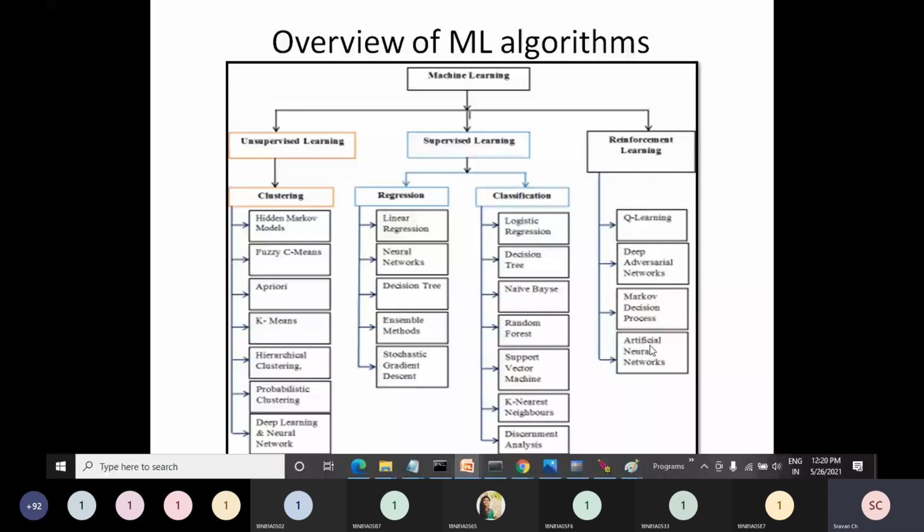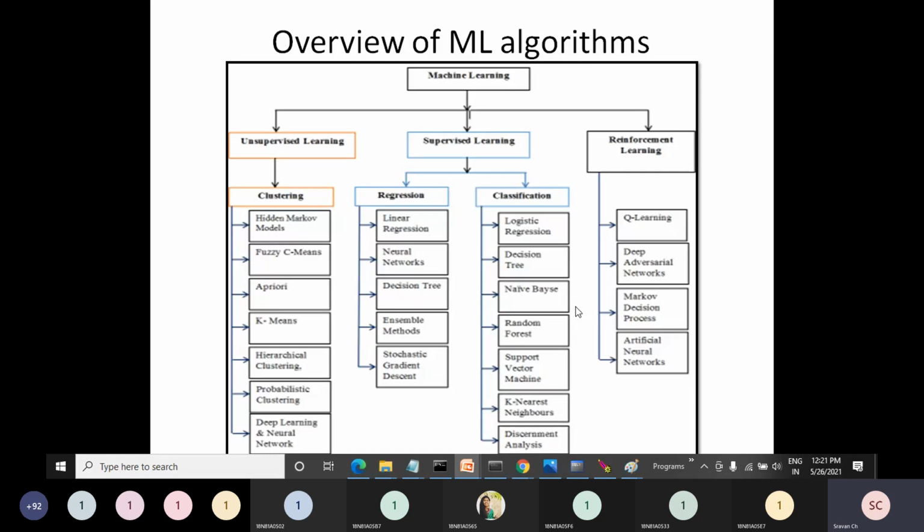Neural networks and artificial neural networks are the same. So in all three categories, unsupervised, supervised, and reinforcement learning, neural networks can be applied.